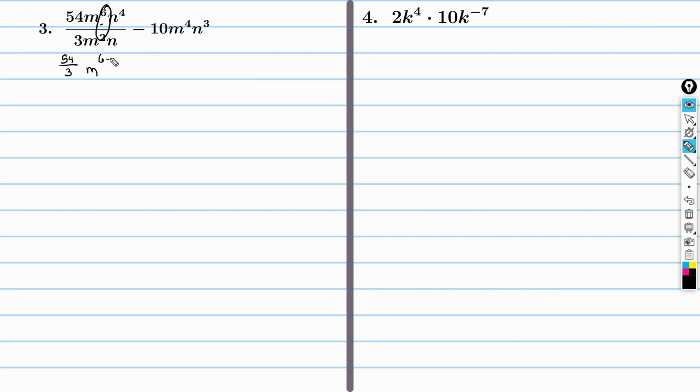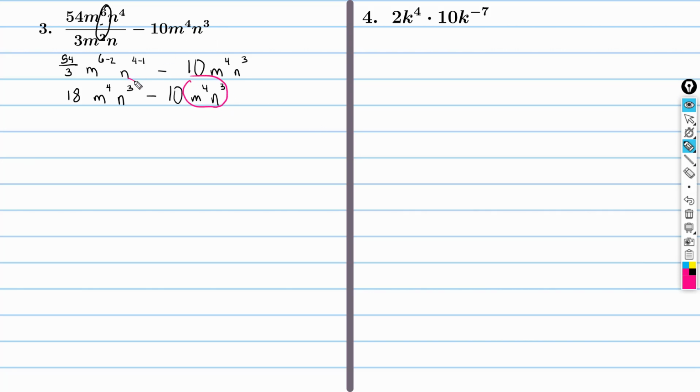So 6 minus 2, n to the 4 minus 1, minus 10 m to the 4th, n cubed. So 54 divided by 3 is 18. m to the 4th, n to the 3rd, minus 10 m to the 4th, n cubed.